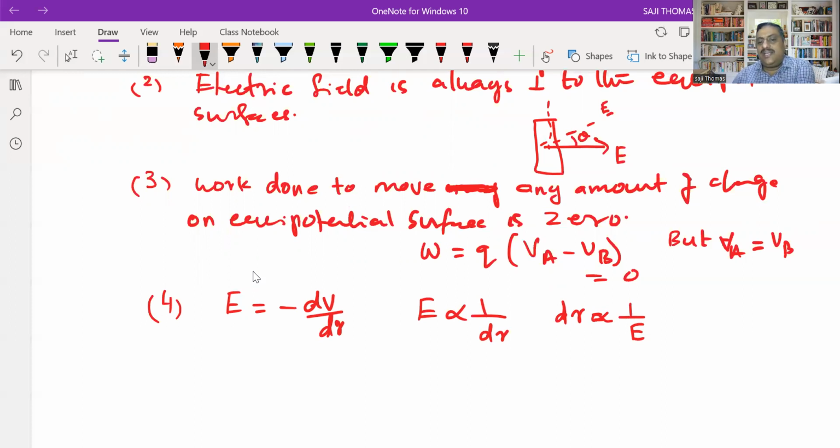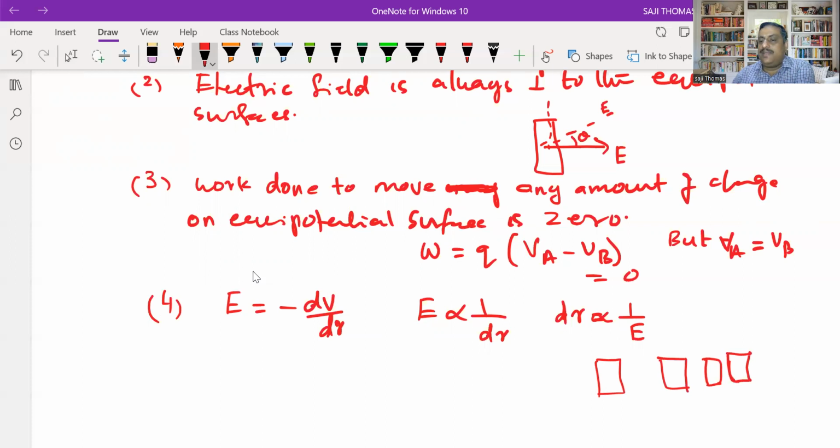See, you are considering a strong electric field. Suppose there is an electric field whose magnitude increases along the x-axis. As we move along the x-axis, field is increasing. So what will be the equipotential surfaces? Then you can see the equipotential surfaces, spacing between them decreases like this.